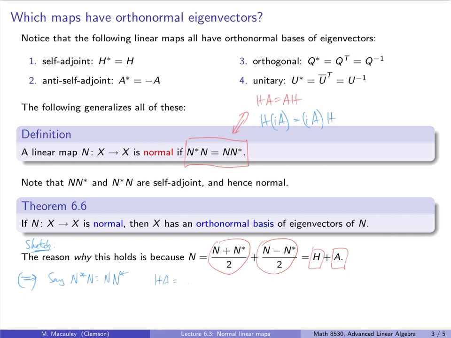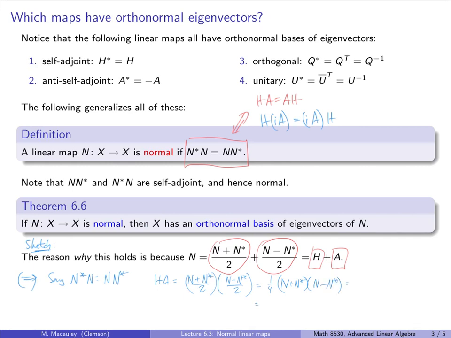And let's check. So HA equals (N plus N star) over 2 times (N minus N star) over 2, equals 1/4 (N plus N star) times (N minus N star).